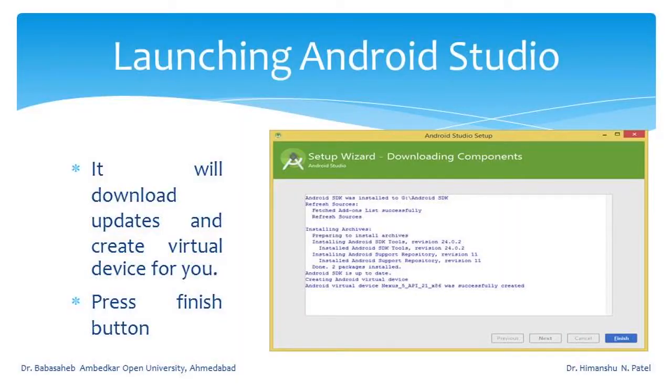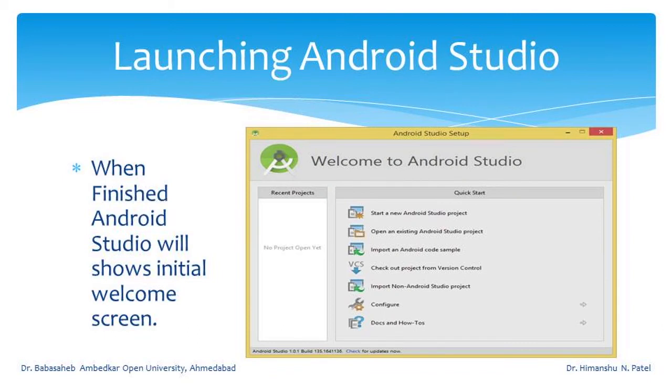Press the finish button once everything is downloaded and ready to use. When you press the finish button, the actual IDE is shown. This is our welcome screen for Android Studio. Here there are various options available to start mobile application development.